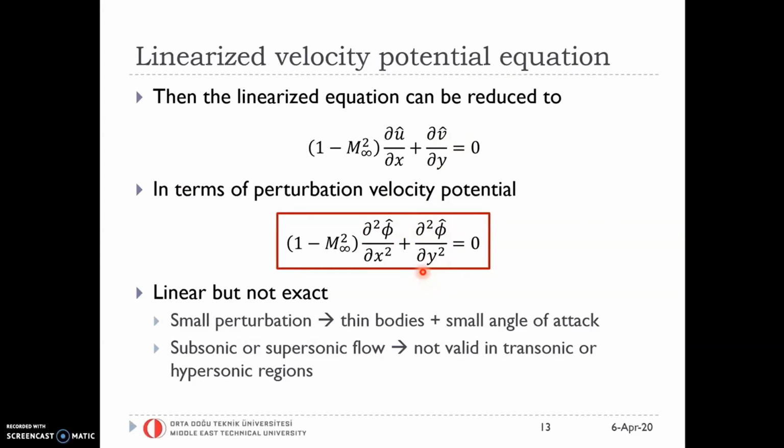Our assumption is that it's only valid for small perturbations, which means that you have to have a slender, thin body, and a small angle of attack, and it's only valid for subsonic or supersonic flow. It's not valid in transonic or hypersonic regimes.